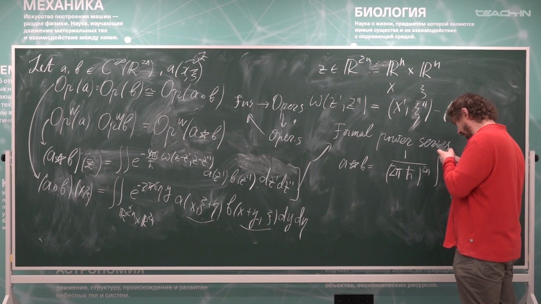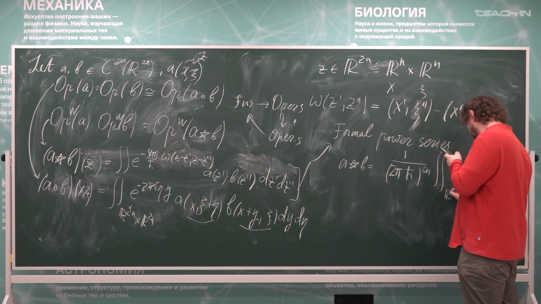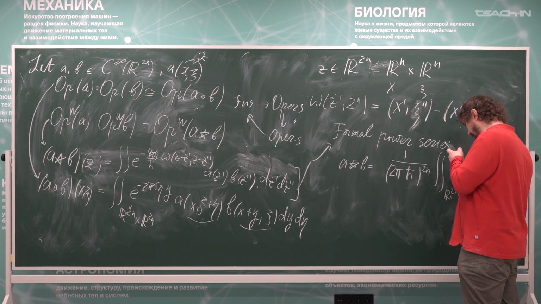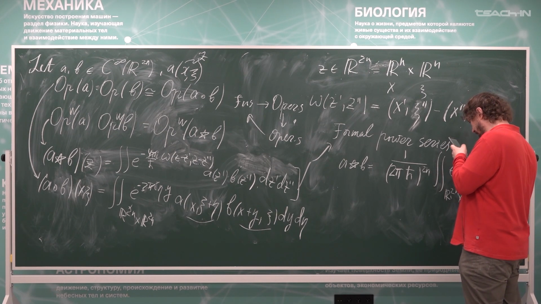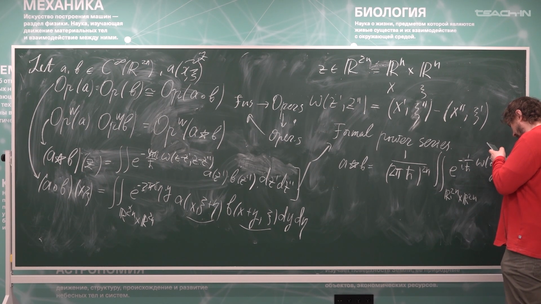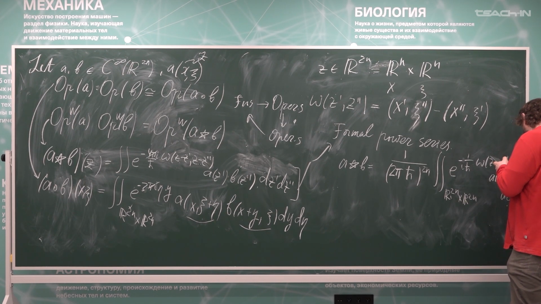And now we have a double integral over R^2n of e to the minus 1 over i h bar, omega of z minus z prime, z minus z double prime, a of z prime, b of z double prime, dz prime dz double prime.